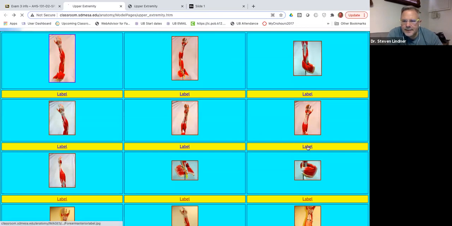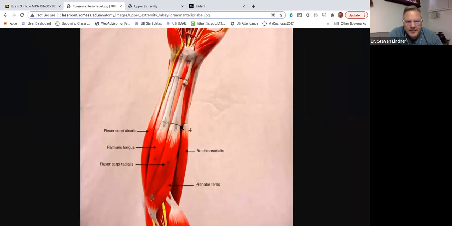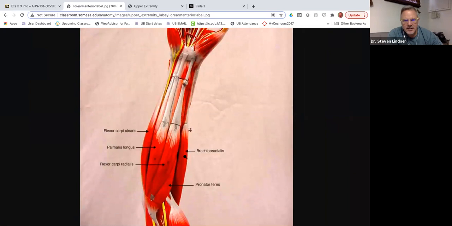Let's look again at the anterior, see if there's anything that we could, okay. So now here we're taking the same view, but now what we did is we rotated the hand a little bit more so that we're not looking at it just from the lateral view, but we can also see the medial aspect. So now you could see the Brachioradialis, a little bit of it.